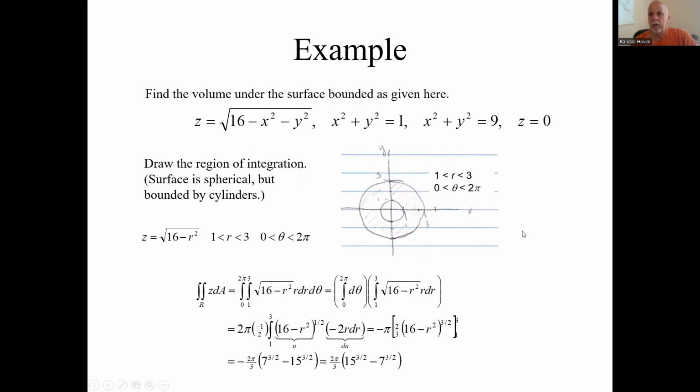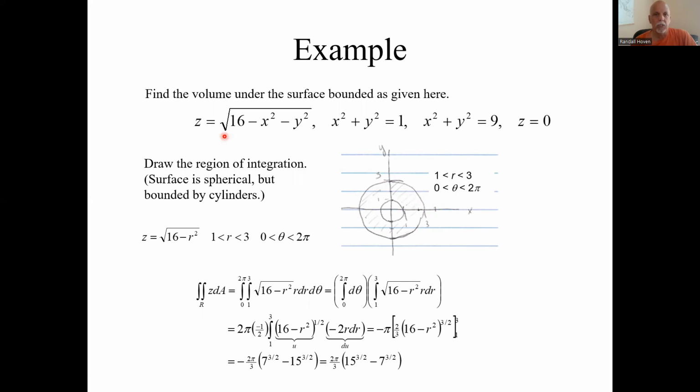Now you need to think in terms of the limits in polar coordinates. It goes all the way around, so theta is just 0 to 2 pi, and r goes from 1 to 3. So I can integrate over r first.